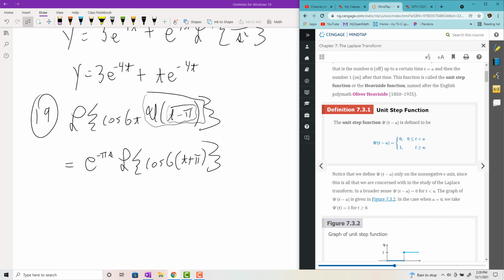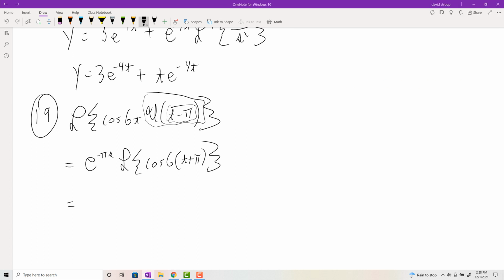Okay, so you're going to have to translate this then, or I don't know how you're going to do the transform of it, using the cosine sum formula that I told you in class. So this is basically cosine of 6t plus 6 pi. The formula says cosine 6t cosine 6 pi, then minus sine 6t sine 6 pi.